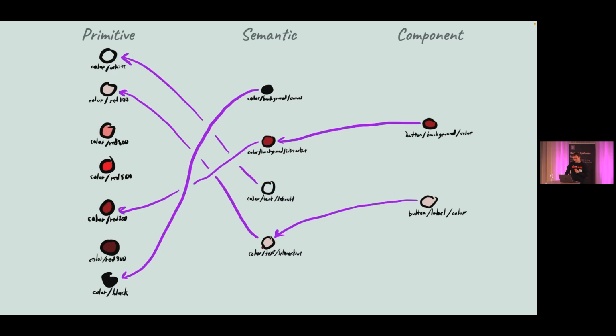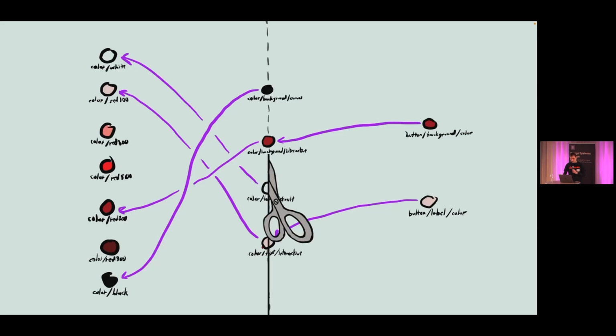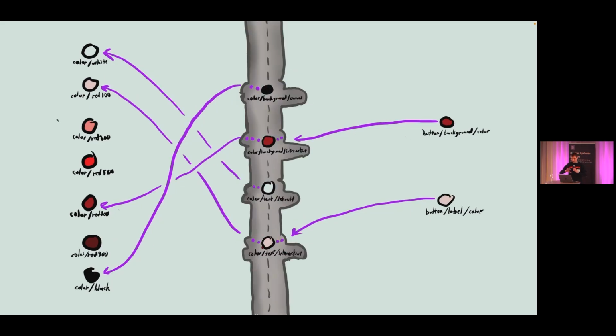And a lot of design systems are organized this way, but I think if you look at it this way, that semantic tier creates a dividing line. And if you imagine cutting along that line and splitting those things apart, I'd argue you end up with two parts of the system.